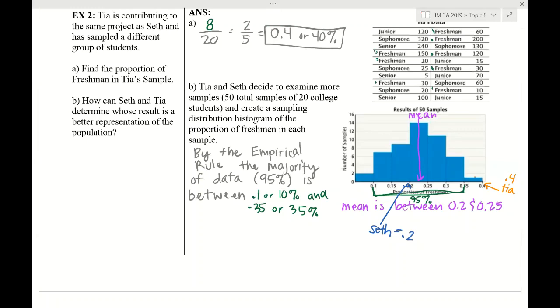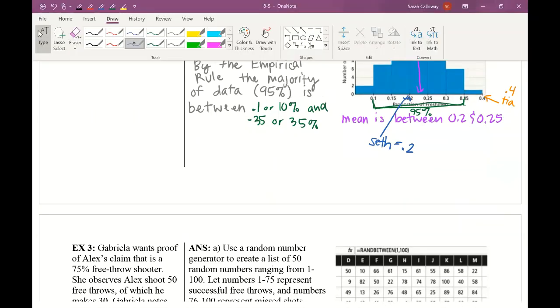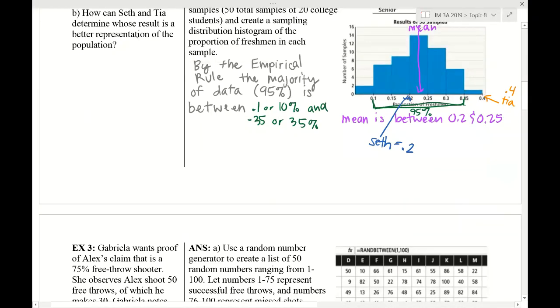They took 50 samples of 20 more students, and they found the proportion of freshmen. Seth's value is closer to where that true mean should lie, somewhere between 0.2 and 0.25.